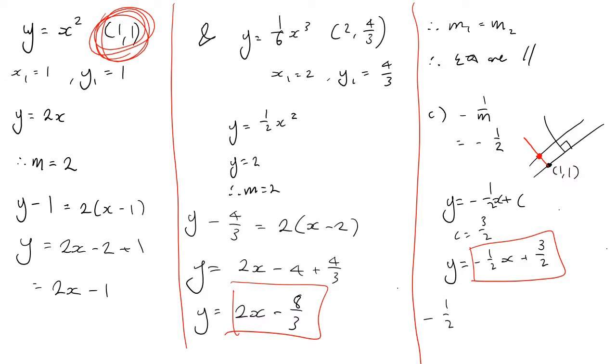So negative half x plus 3 on 2 equals 2x minus 8 on 3. So that would be negative 5 on 2 x equals negative 25 on 6. So x should be equal to 5 on 3. Now we'll continue this in our next page.